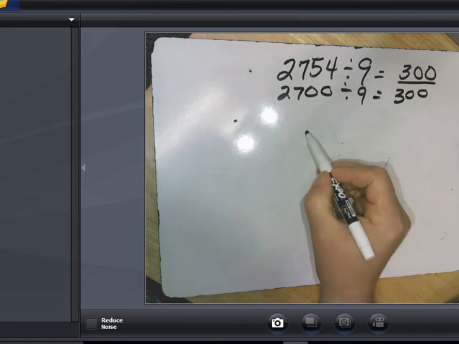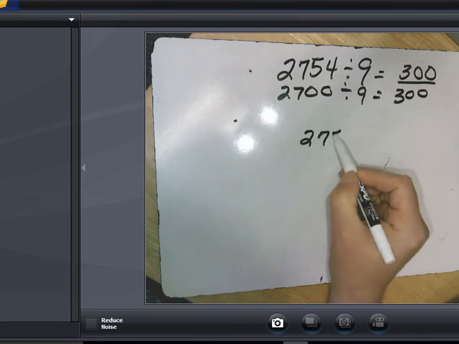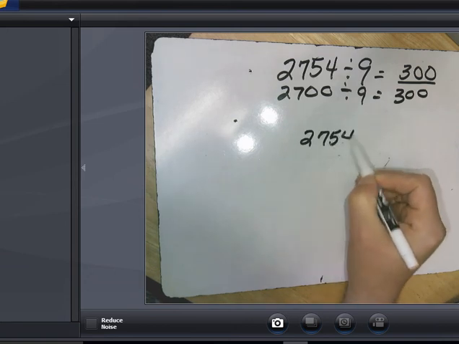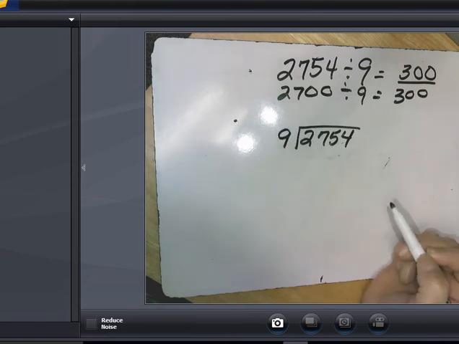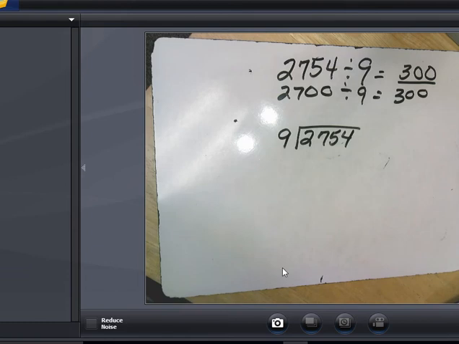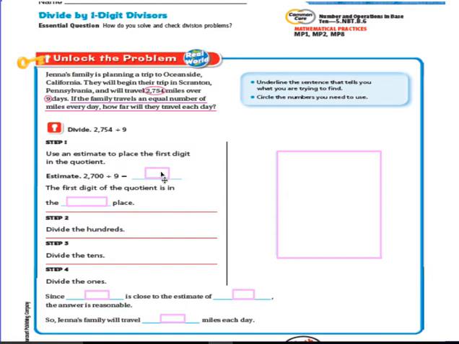Now let's set up the problem. So I'm going to put the dividend inside the house and the divisor on the outside of the house. So let's quickly go back and see if they agree with us. 300. And what they mean by we're starting in the hundreds place, let me show you that.